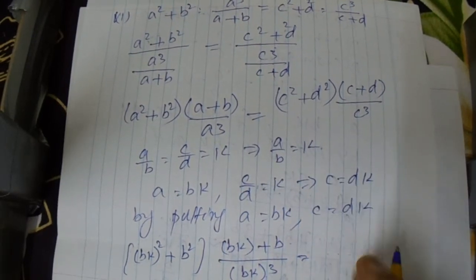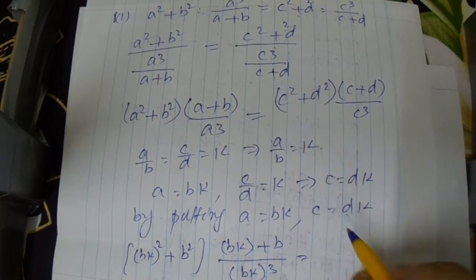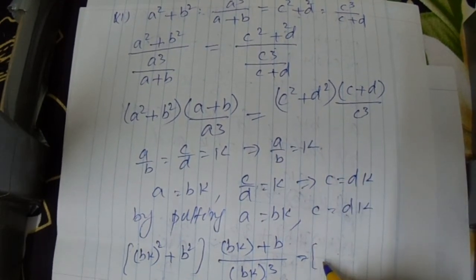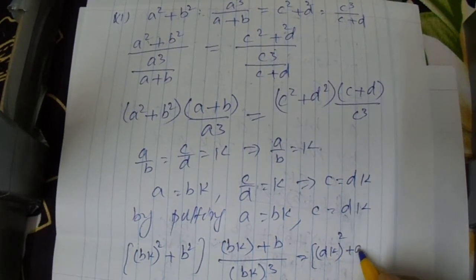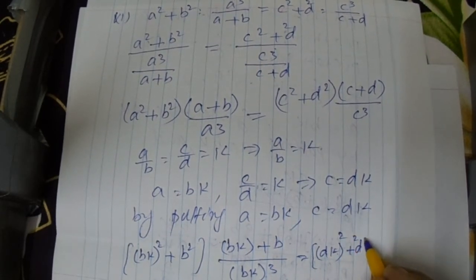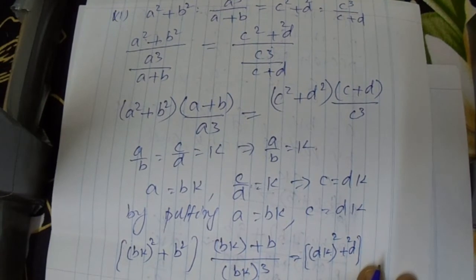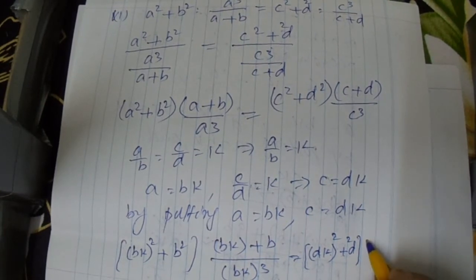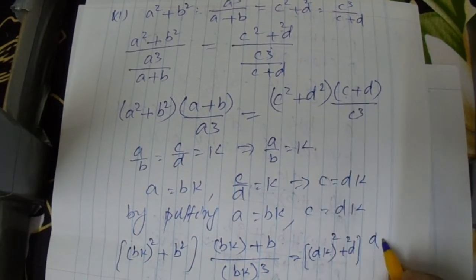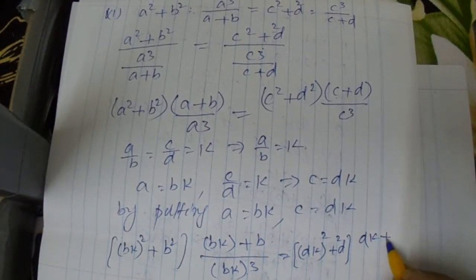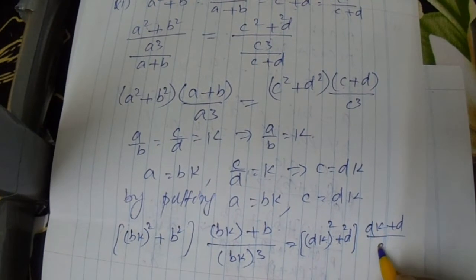And here we write this C square, we write this DK square, this plus D square, and again we also write this DK, this C is DK plus D over DK cubed.